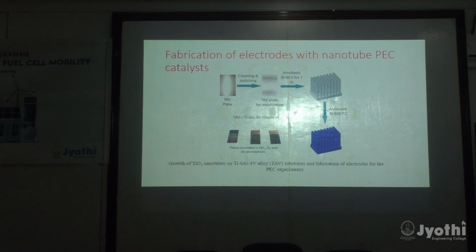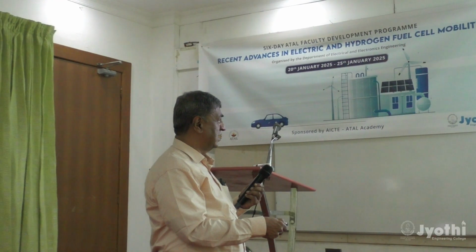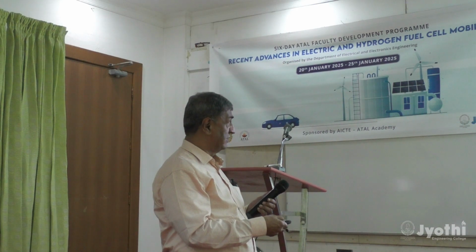We found that annealing in nitrogen gave the best results with respect to the performance of this photoelectrocatalytic procedure. Ammonia was in between and air was the least in terms of performance of the photocatalytic activity.